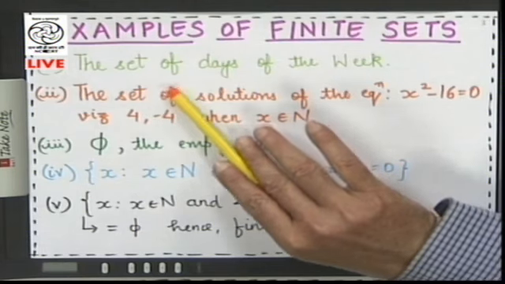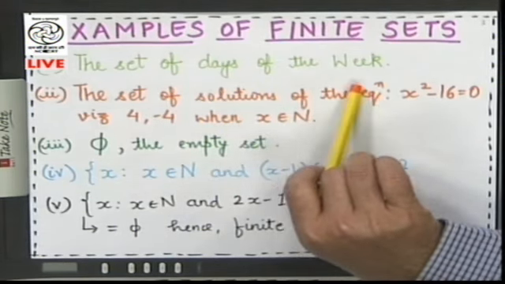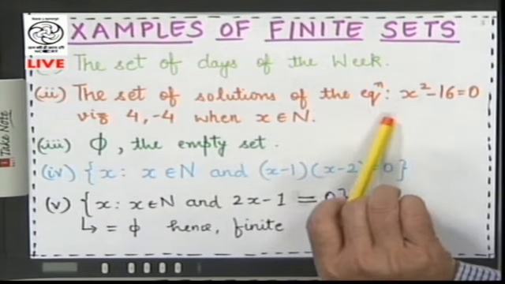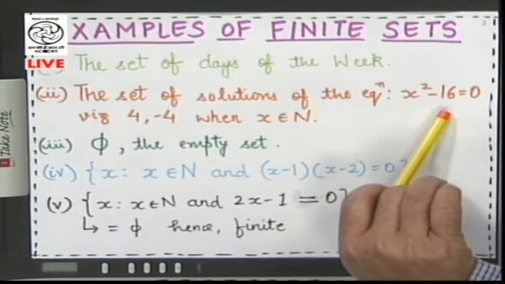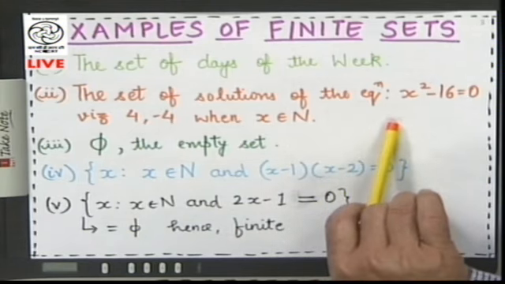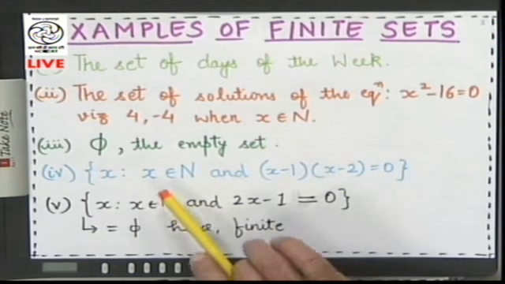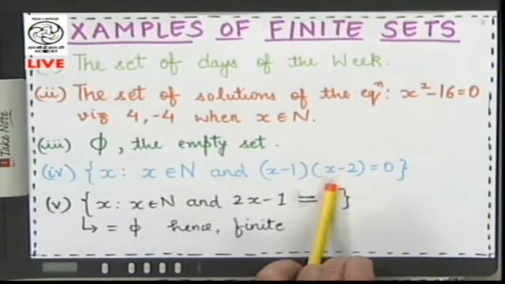Yes. These are some of the examples of finite sets. The first one, the set of days of the week, because the days of the week are always fixed, there are 7, therefore this is finite. The set of solutions of the equation x squared minus 16 is equal to 0, because if we solve this equation we will get plus minus 4, so we have only 2 solutions, that is finite. The empty set, x such that x belongs to N and x minus 1, x minus 2 is equal to 0.